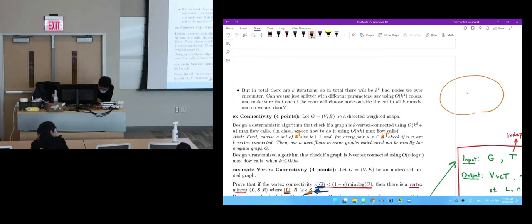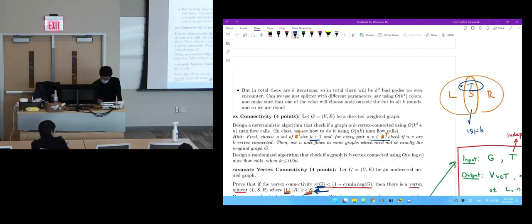Suppose the graph looks like this. Let's say this is the min cut, this is S, and L and R. If you choose T with K plus 1 nodes, and S is of size K, where K is the min cut, and the pairwise connectivity between the nodes in T is larger than K, can the set T look like this?